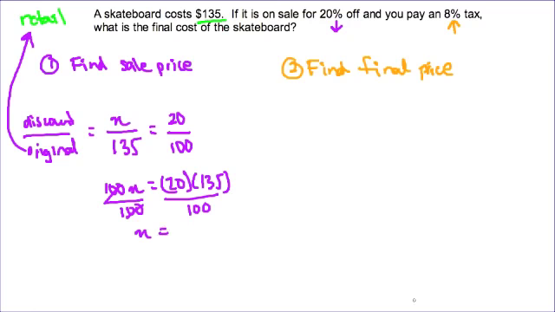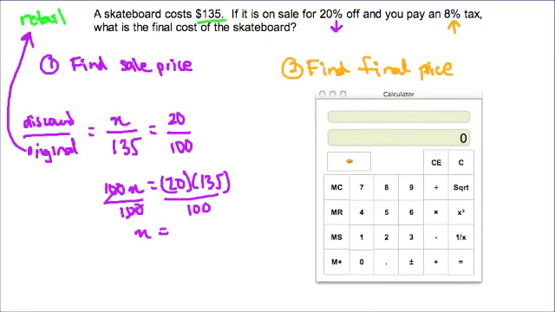N equals, get my calculator out, 20 times 135 divided by 100 equals 27. So remember, this 27 is not the sale price, it is the discount, right?